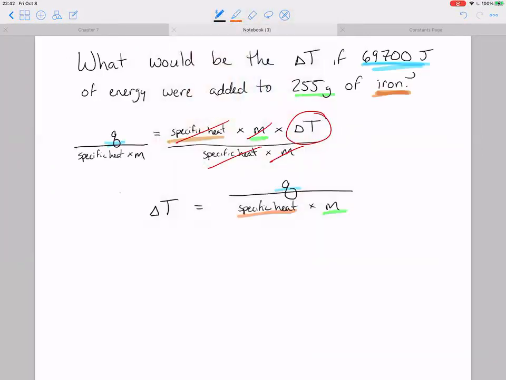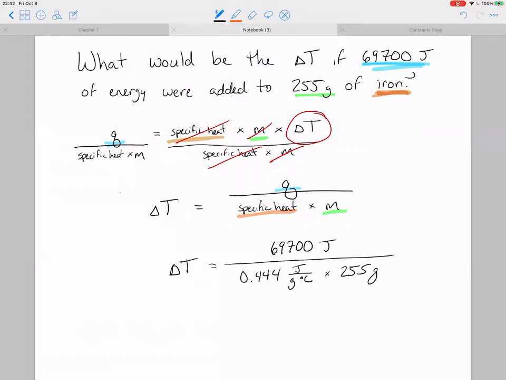So plugging everything in, 69,700 joules over 0.444 joules per gram degree Celsius times 255 grams.